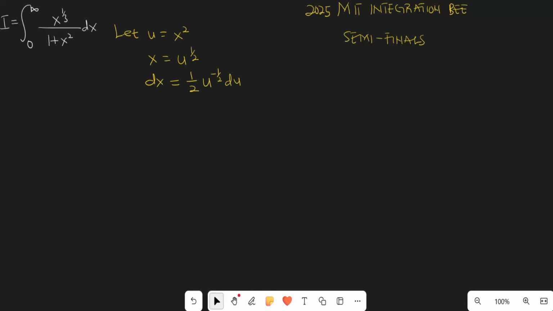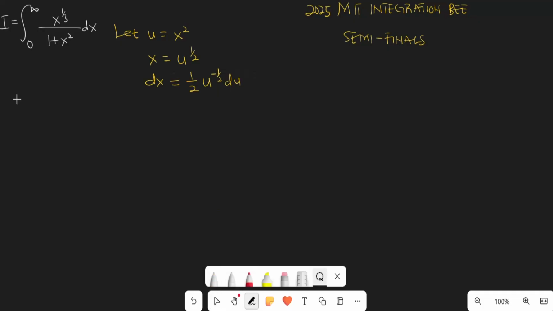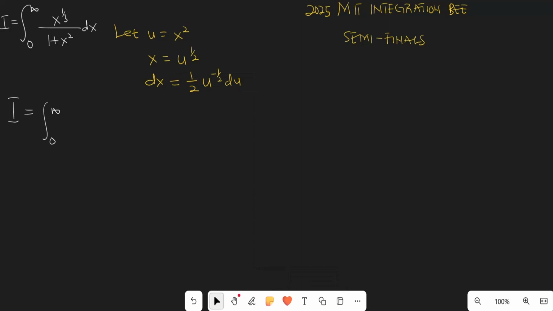That is an expression for dx, and now we can take our integral from the x world into the u world. So I is going to be the integral from 0 to infinity of x raised to the power 1/3. x here is u raised to the power 1/2, but it's raised to the power 1/3, divided by 1 plus x squared, which is 1 plus u, times dx. dx is 1 over 2 u raised to the power negative 1 over 2 du.